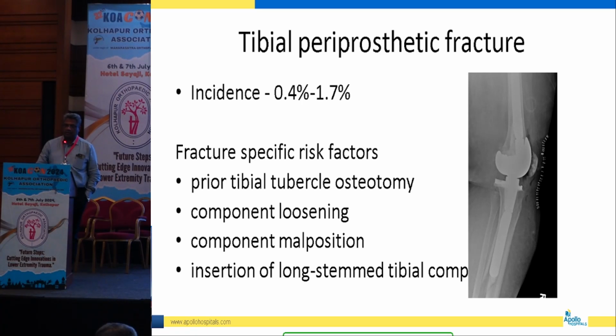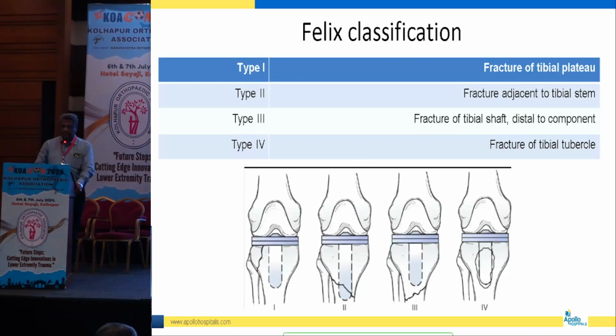Fracture risks are mainly prior tibial tubercle osteotomy, component loosening, component malpositioning, and insertion of long stem tibial components. In the Felix classification, type 1 is an undisplaced fracture next to the tibial component, then at the tip of the stem, and in types 3 and 4 the fracture is distal to the tibial component. Type 4 is where the tibial tuberosity is avulsed.